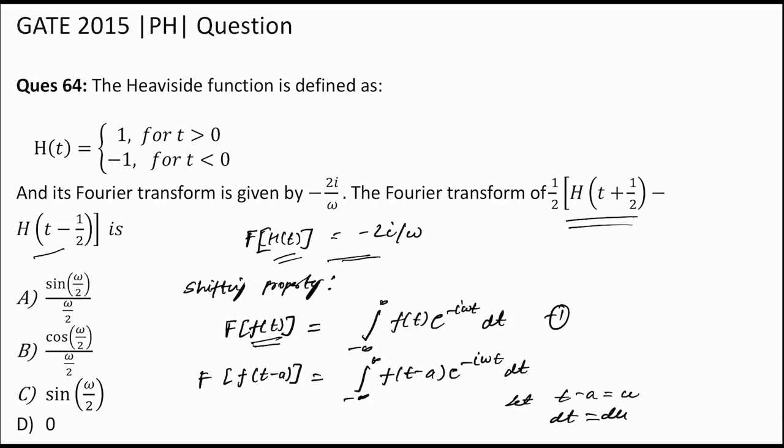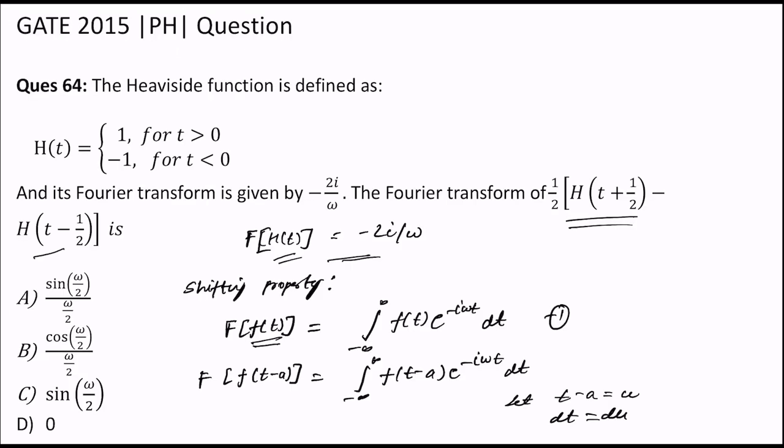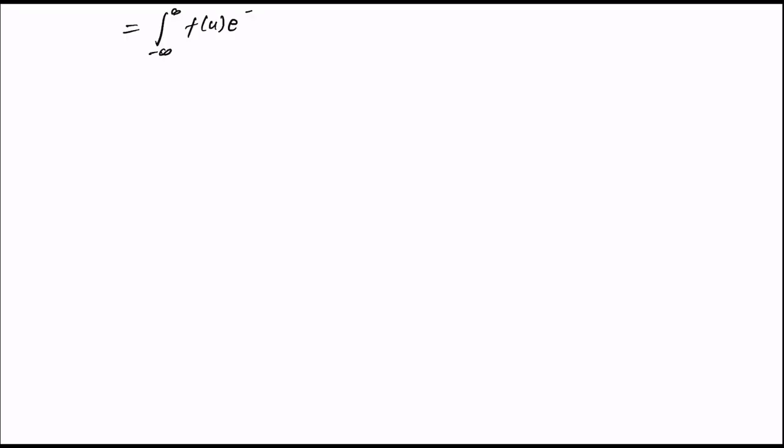Therefore we can write the integral from minus infinity to infinity of f of u e to the power minus i omega times u plus a, since t becomes u plus a, du.